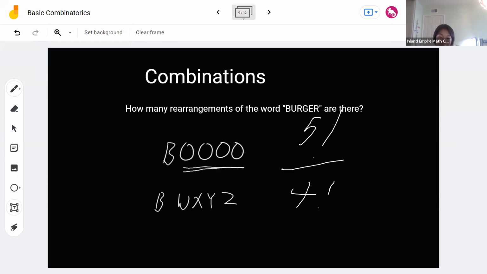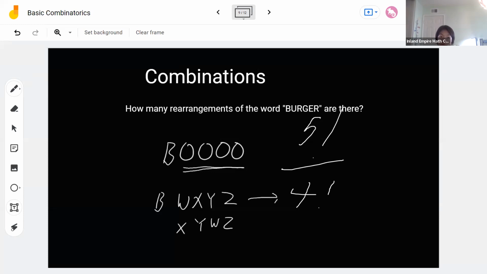So W, X, Y, Z, X, Y, W, Z, these are all the same. So we have to divide by those arrangements. And then because there's 4 O's here, there are 4 factorial ways to arrange them, right? Or I shouldn't say the O's since they're all the same. W, X, Y, Z, these 4 letters, there are 4 factorial ways to arrange them. So we divide by that much because that's how much we're overcounting.